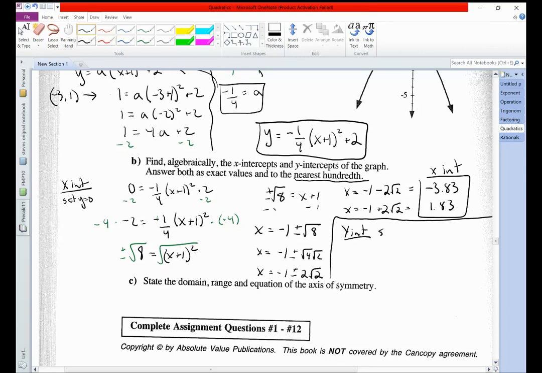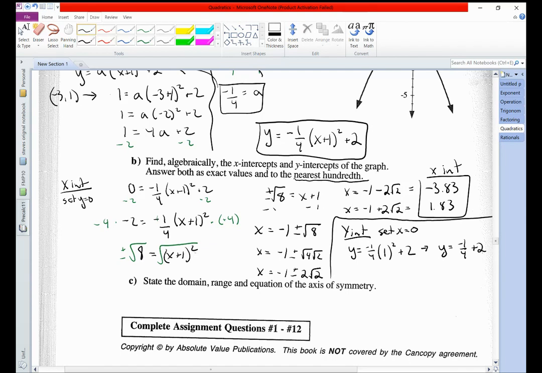So if we're doing the y-intercept, we're setting x equal to 0, and we're going to solve. So we have y is equal to negative 1/4 (0 plus 1) squared plus 2. 0 plus 1 is just 1, squared is 1, multiplied by negative 1/4 becomes negative 1/4 plus 2.